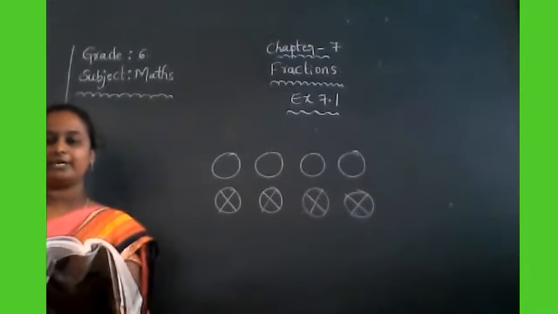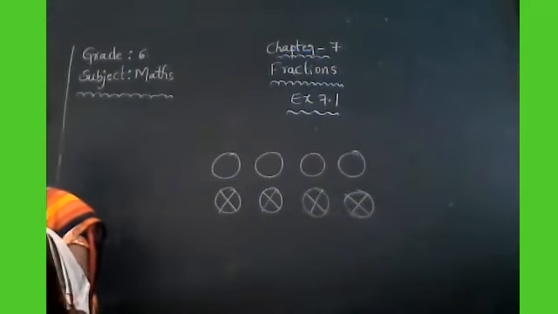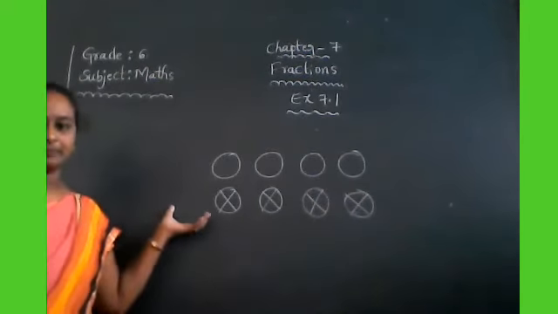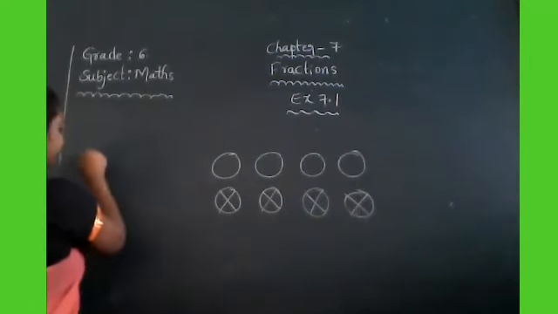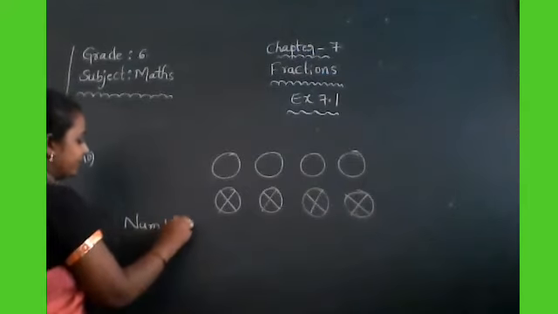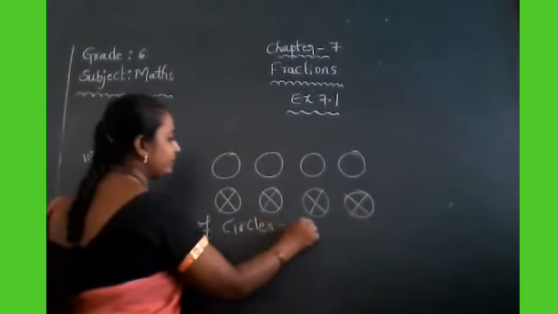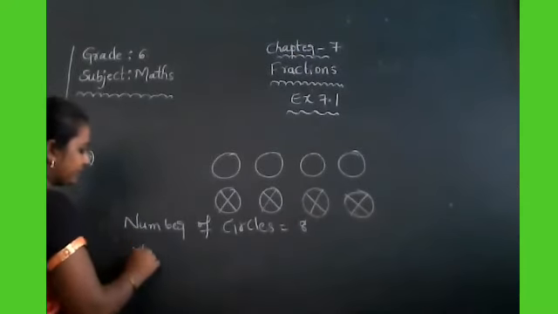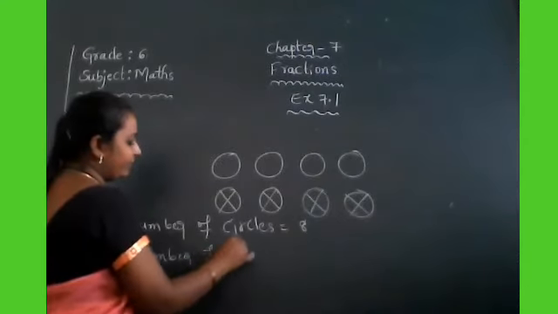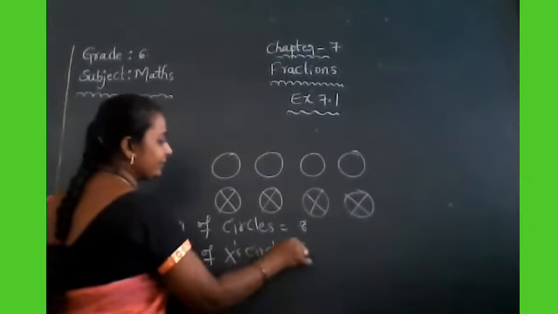Here you have to find the fraction of circles having x. First, write the number of circles. The number of circles is 8. The number of x circles is 4.